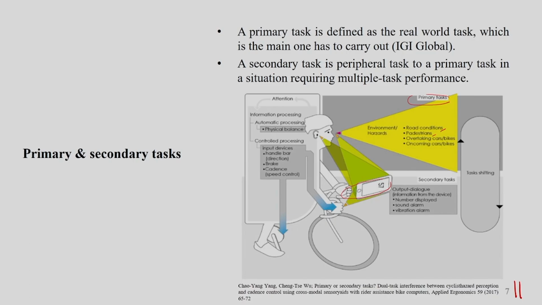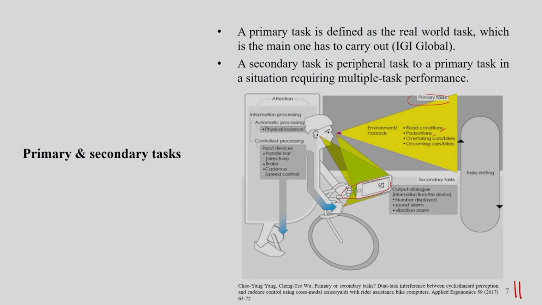All this balancing and coordination, propulsion, how it is moving, what the road condition is, and based on that how much force you need to apply, is very much required for the primary task in bicycle riding.